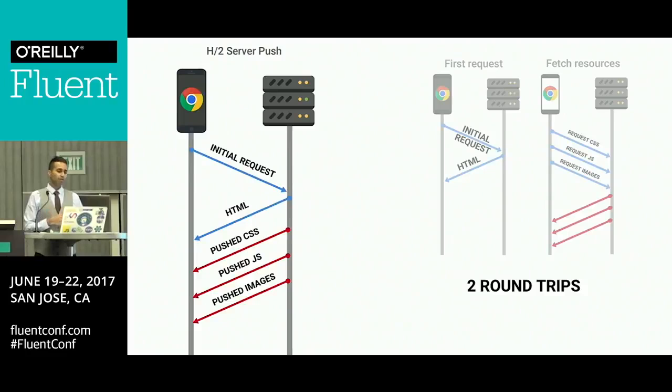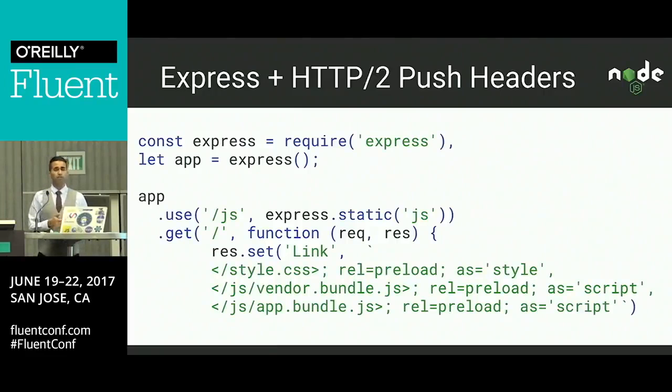So by the time the think time is over, there's a good chance we've already sent all of the required critical resources back to the browser, so that they're already in the push cache and can be used by the browser. The idea is, at the same time that I'm sending down my initial request for my HTML, I'm also able to send down all of these resources that I know are critical to the user experience. That can save me round trips instead of having to go back and forth between the client and the server.